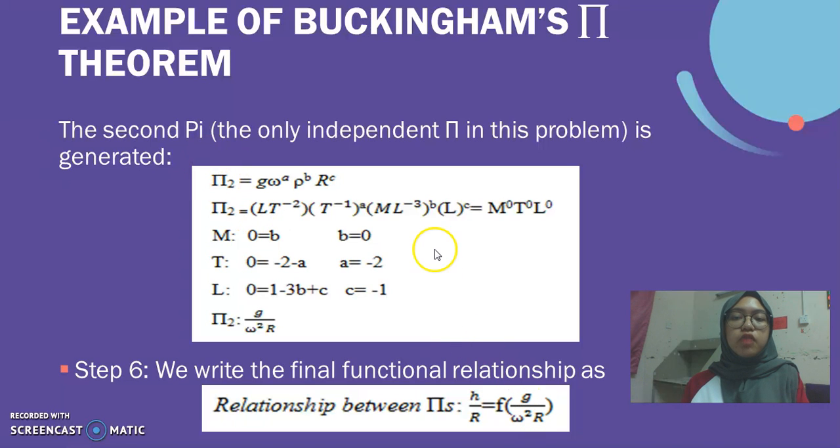For example, if you have 3 pi's or 4 pi's, the first pi equals the function of the rest of the pi's in brackets. That's how you write the final functional relationship. So that's the end of this dimensional analysis presentation. Thank you very much.